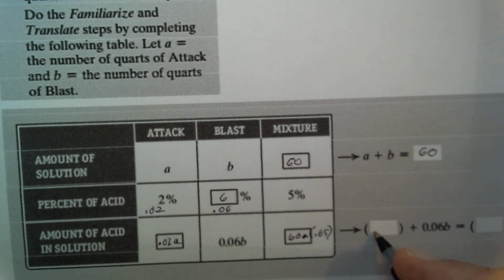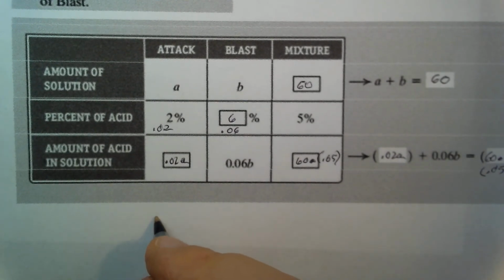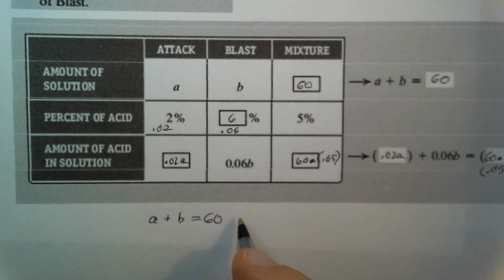So 0.02A plus 0.06B equals 60 times 0.05, the total acid in the mixture. Let's rewrite these equations so we can work with them a little better. A plus B, attack plus blast, equals 60 quarts. That's the amount of solution, one equation.